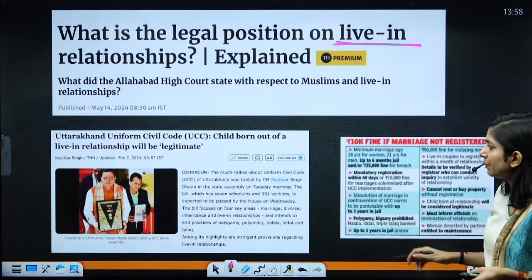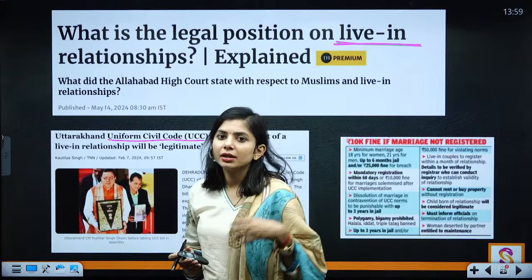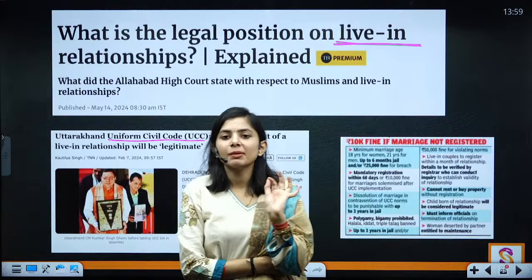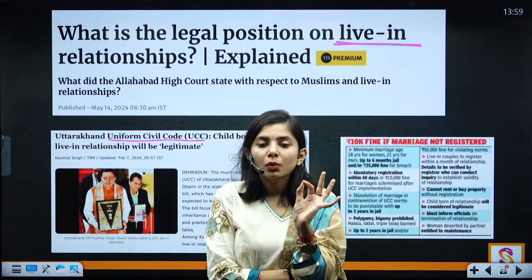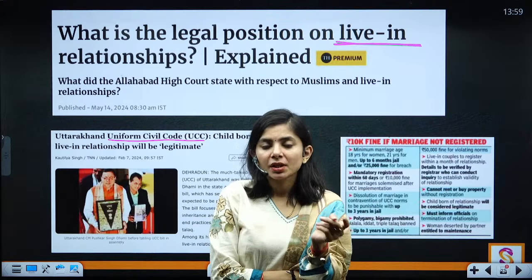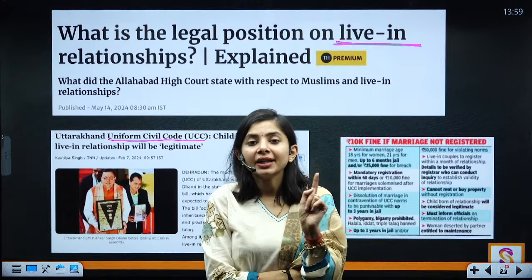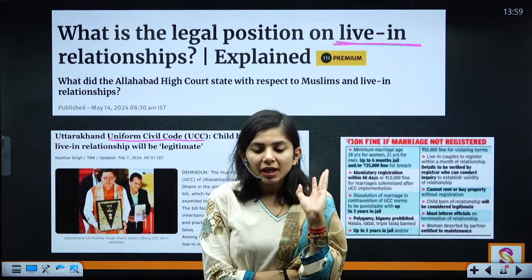Let me give you the example of Uttarakhand. Uttarakhand introduced the UCC, the Uniform Civil Code, where the government said that adults who are not minors can engage in live-in relationships as long as they have registered themselves. And why did that happen?